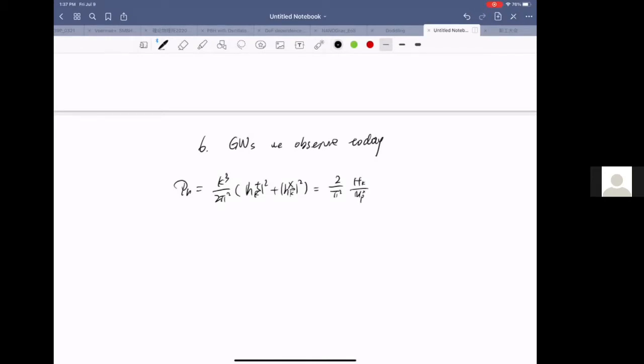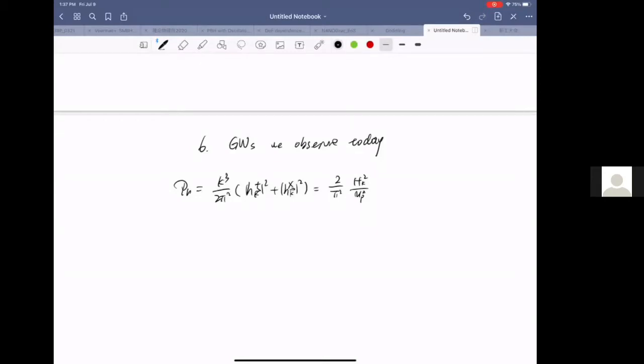This has a very weak dependence on the wave number. We can do it more carefully, but I will skip this part because the time is limited. And then I will directly go to solving the transfer function part.